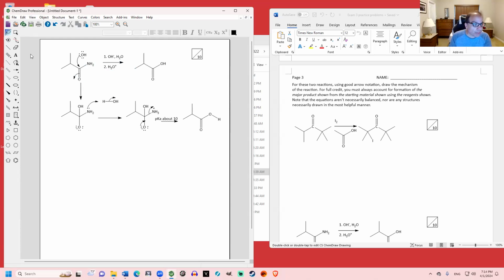That means the hydroxide ion is going to deprotonate the carboxylic acid, and we cannot prevent this from happening. So you have to show it.